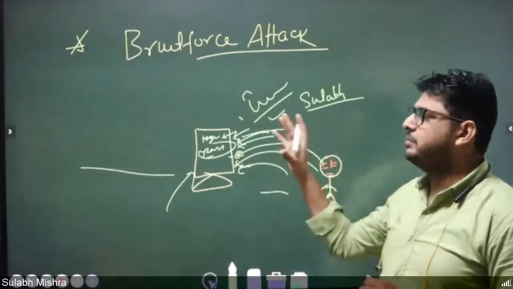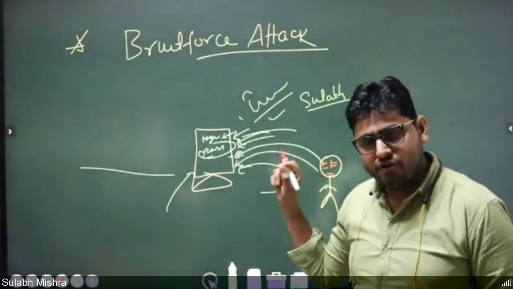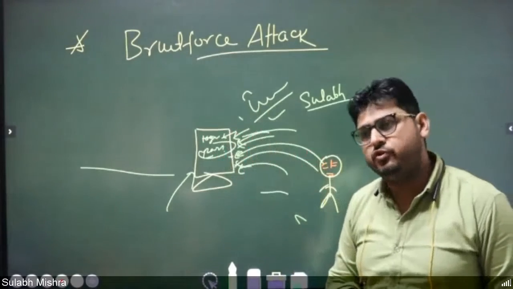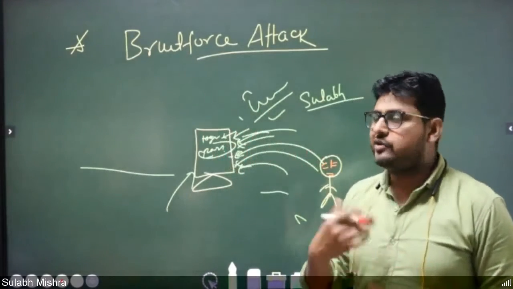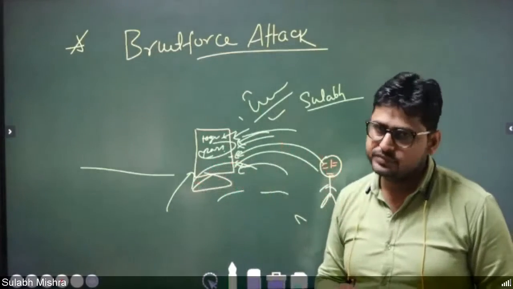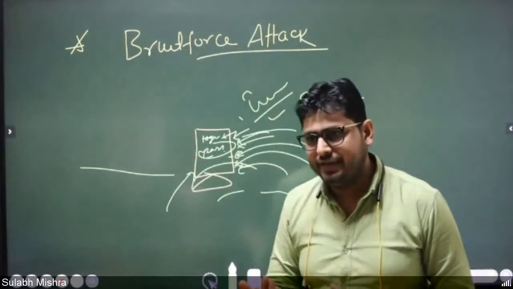This way the attacker may gain access to any computer, any application. This kind of attack is called a brute force attack. We'll call it a successful brute force attack if the attacker gains the access.